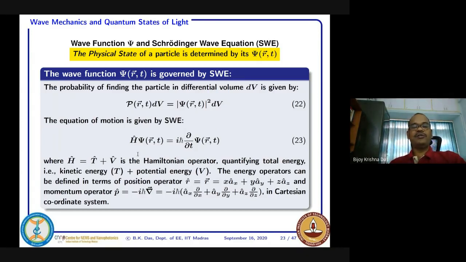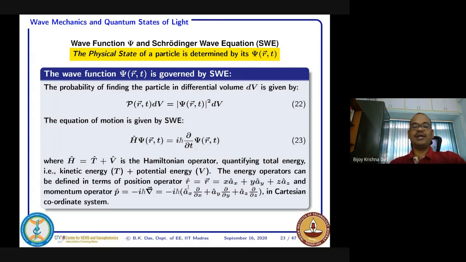Fine. What is the Hamiltonian? In terms of operators, we write T, the kinetic energy operator, and V, the potential energy operator. These energy operators can be defined in terms of the position operator and momentum operator.